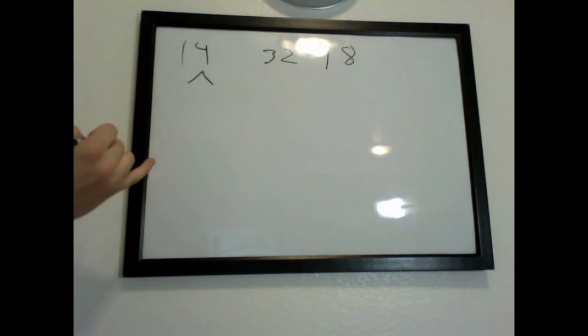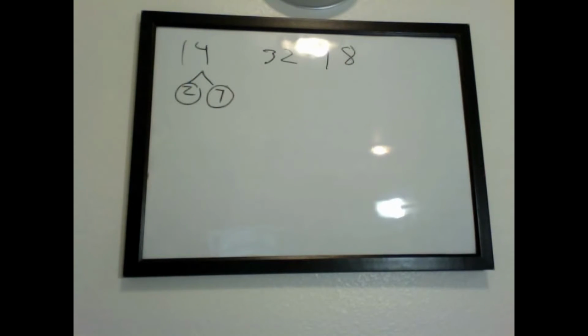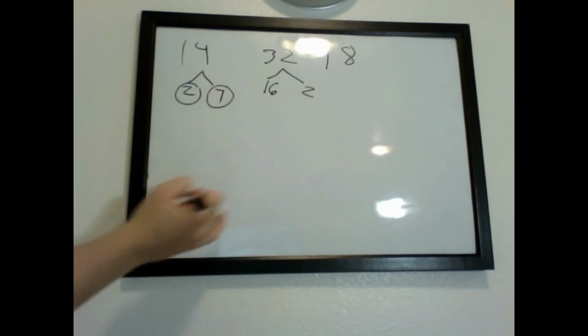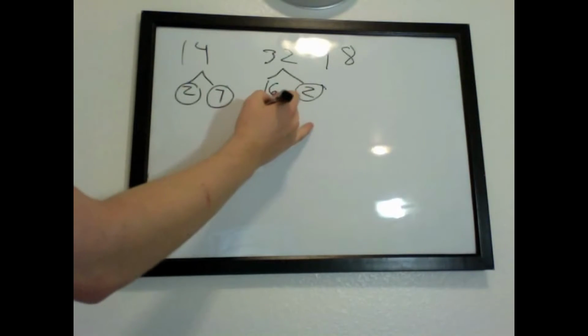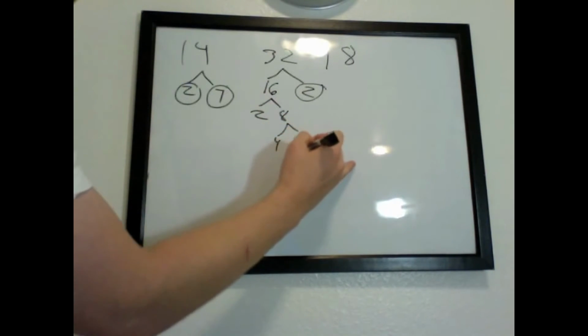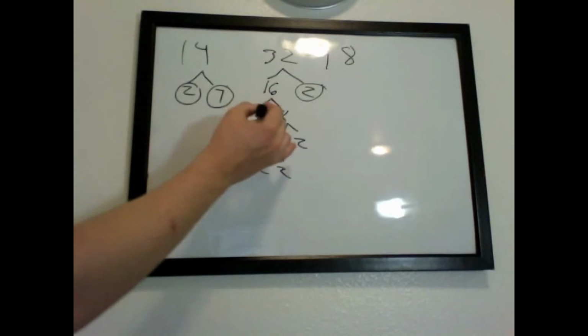Break this apart into 2 and 7. 2 is a prime, 7 is a prime. 32, we can break apart into 16 and 2. 2 is a prime. 16 we can break apart into 2 and 8, and 4 and 2, 2 and 2. And these are all prime numbers right here.